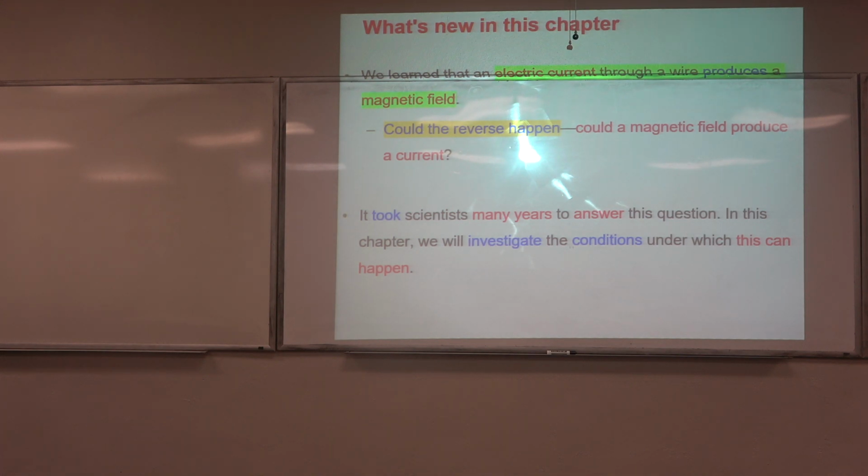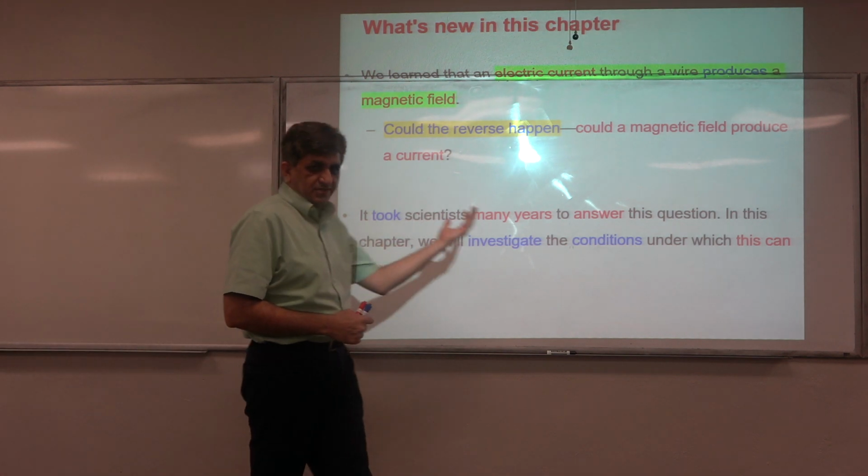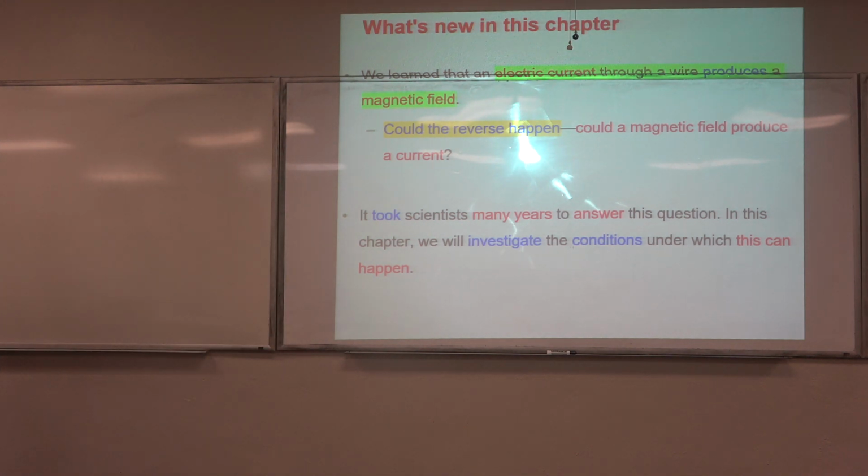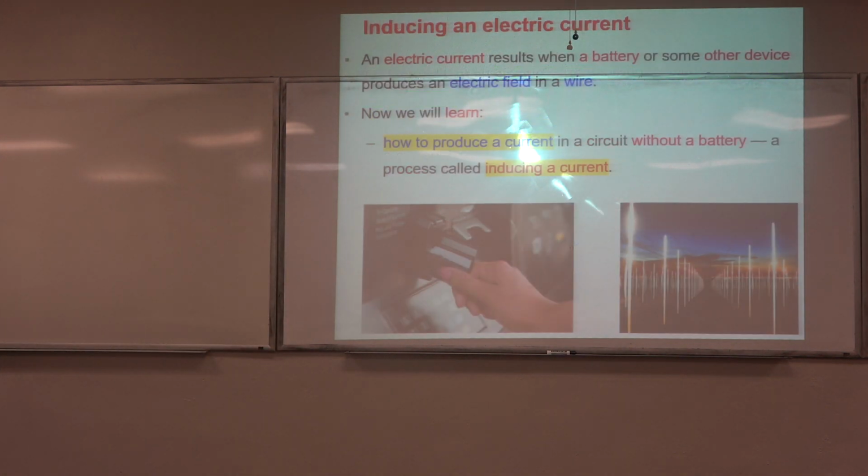So in this chapter, this is exactly what we are going to investigate: under what conditions we can do that. We can produce the electric current by the moving magnet, by changing the magnetic field. This is called induced electric current.